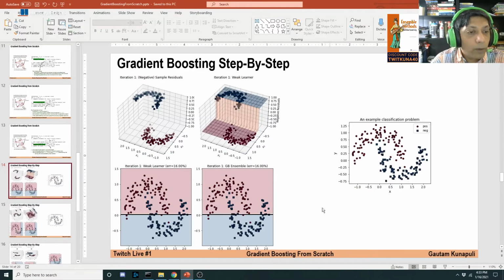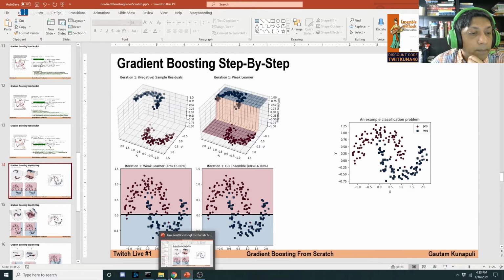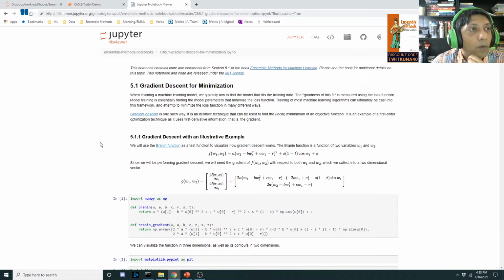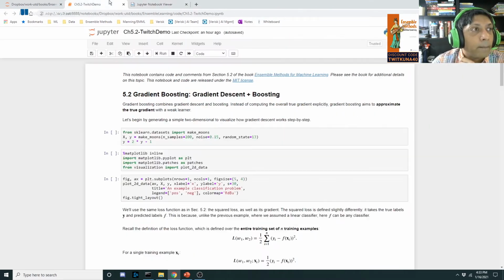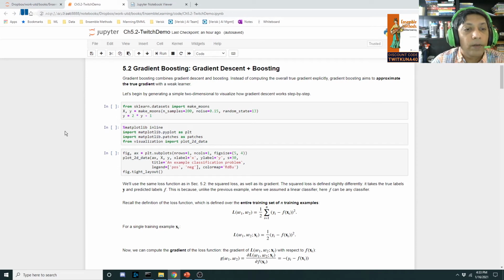So what I'm going to do here is really pull in one of the Jupyter notebooks that is associated with this chapter, and we're going to look at an example of gradient boosting from scratch. We're going to look at a classification problem.